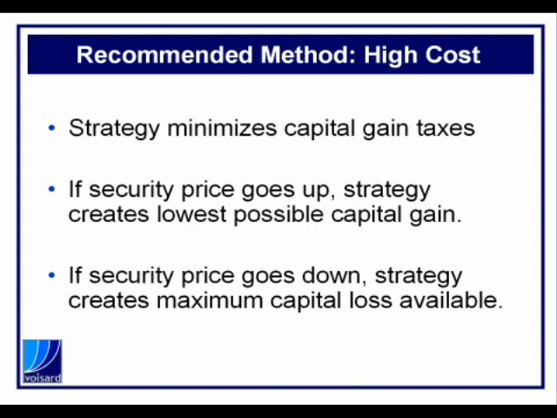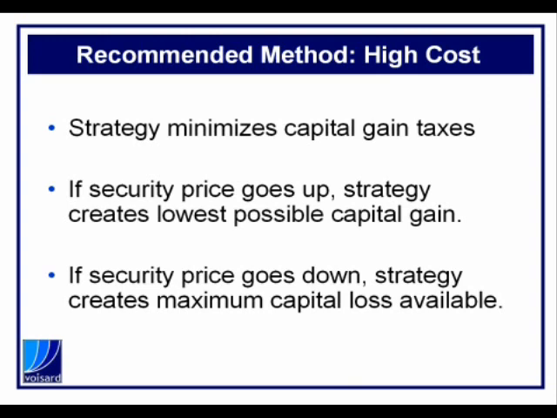Now, what we're going to recommend to our clients is that they use a high-cost methodology. And in our opinion, this strategy ultimately minimizes the capital gains tax that you pay. Whereas if the security price goes up, the strategy, because we're using high cost, creates the lowest possible capital gain.